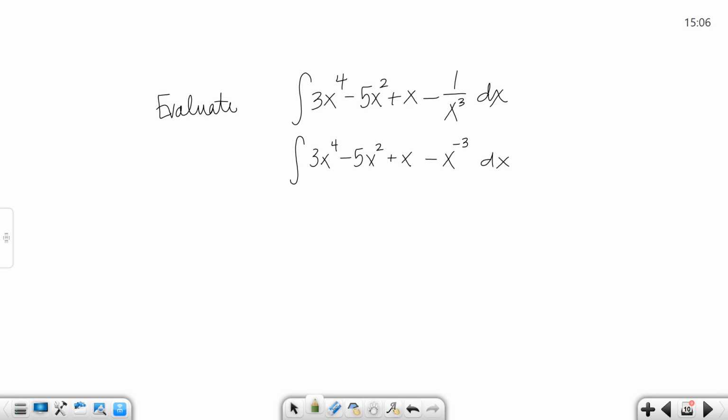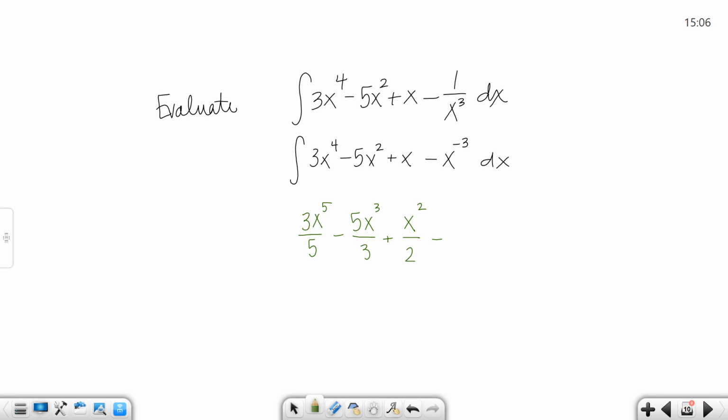And now you're ready to take the derivative, antiderivative, sorry. So you're going to say that's 3 x to the 5th divided by 5 minus 5 x to the 3rd divided by 3 plus x, 1 plus 1 gives me 2 divided by 2 minus. Okay, so that's how we start.